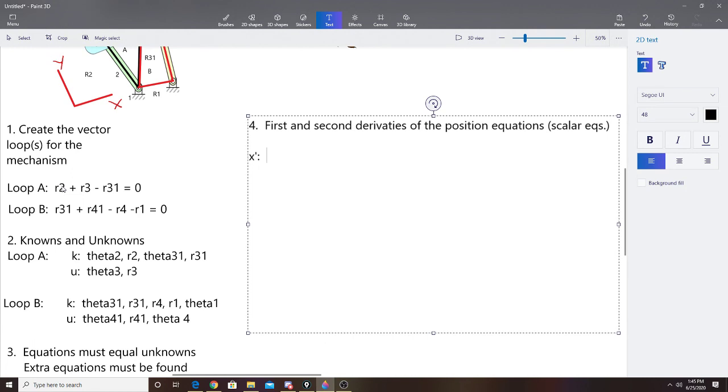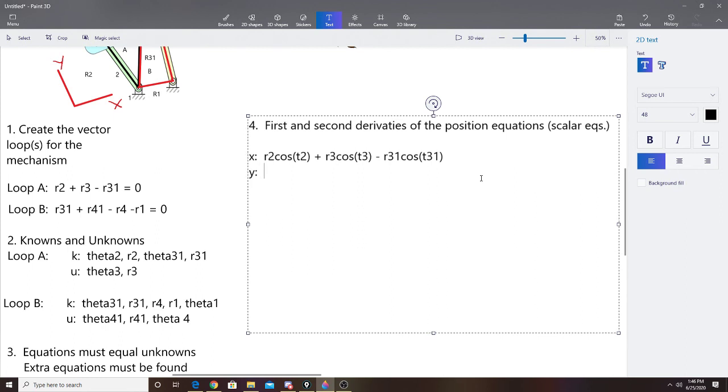So if you take the derivative of this one, remember this is cosines and sines, right? So I'll just write that out actually. I'll do x is equal to R2 cosine, I really wish I had, can I put T2 for theta 2? I feel like writing out thetas is going to make this really long, so I'm going to do that. R3 cosine T3 minus R31 cosine T31.